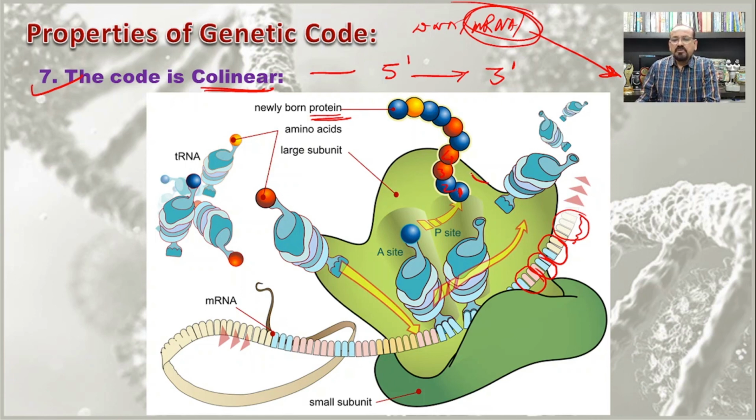So according to the sequence of nitrogen bases on the mRNA, there will be the sequence of amino acids in the polypeptide chain or the protein. So such a type of relationship of the sequence of nitrogen bases present on the mRNA and the sequence of amino acids in the protein, that is known as the code is collinear, because it is present in one single line and it is the same.